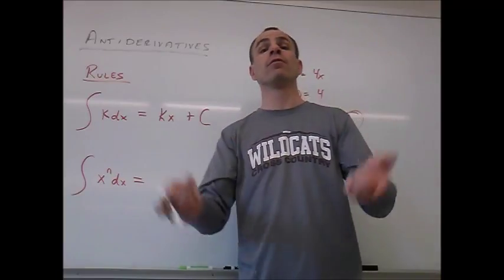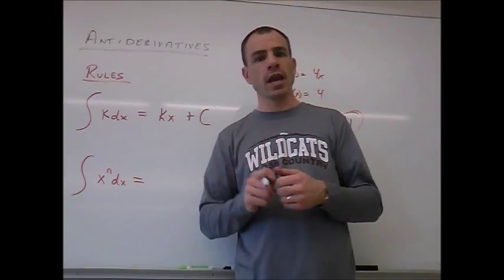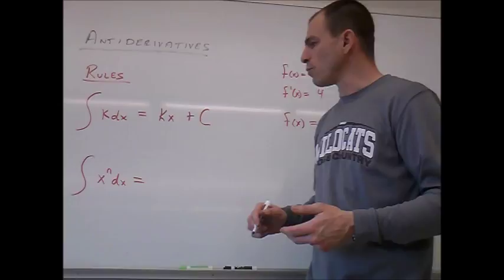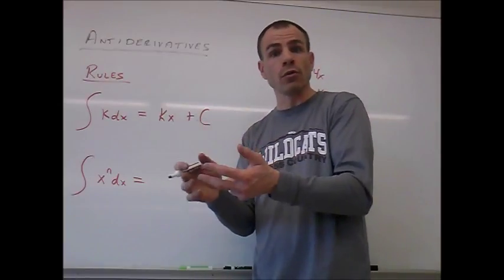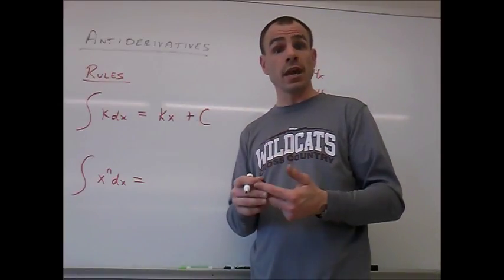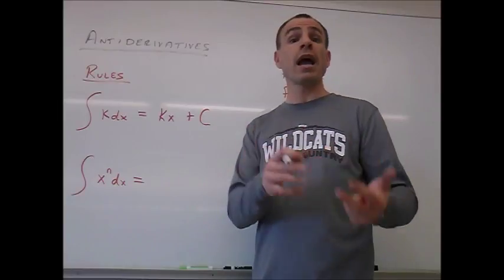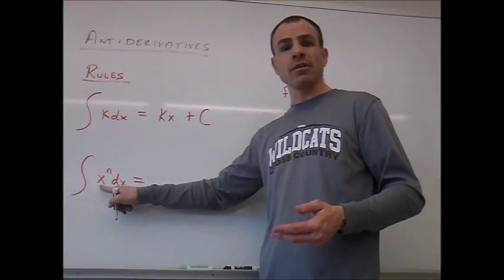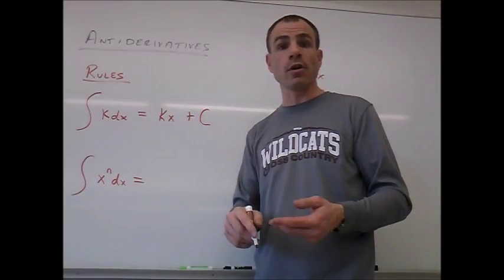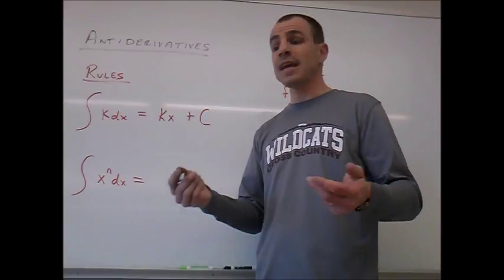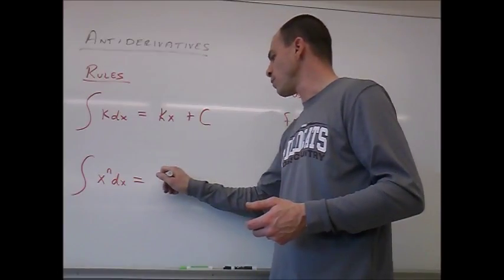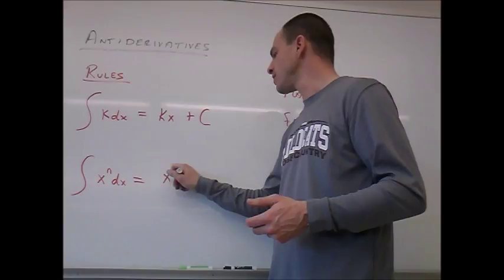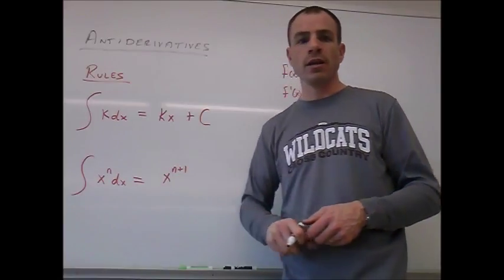Well, now we want to go in reverse. If we think about what happened when we did the power rule, we subtracted 1 from the exponent when we were deriving. But if we're anti-deriving, instead of subtracting 1 from the exponent, what should we do? Exactly, we want to add 1 to the exponent.